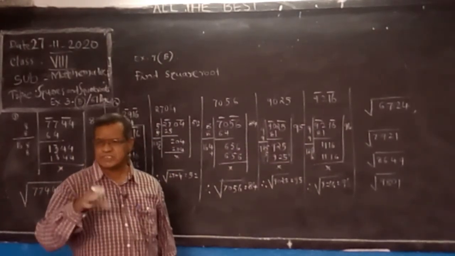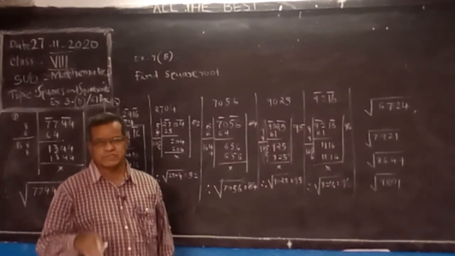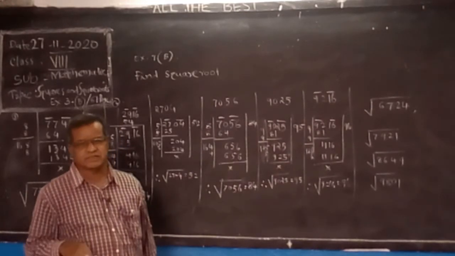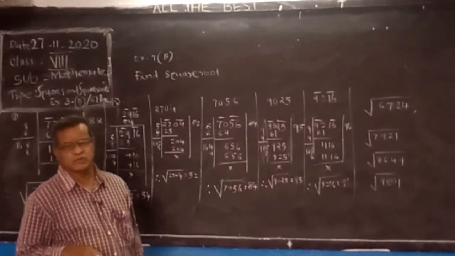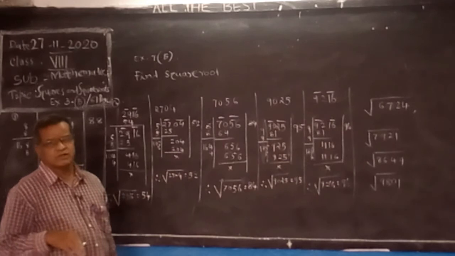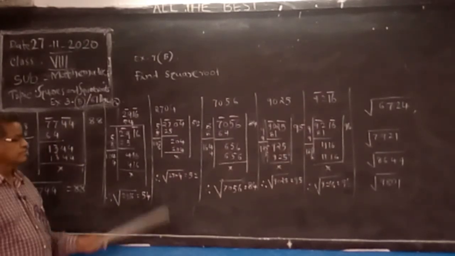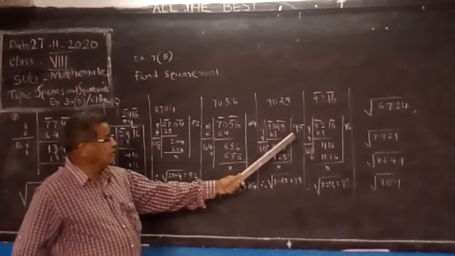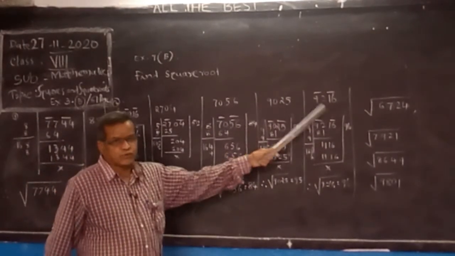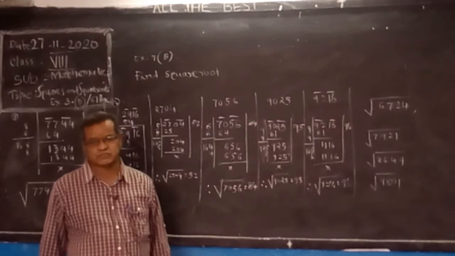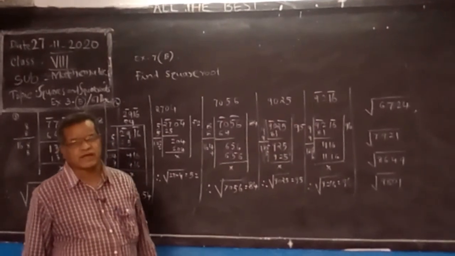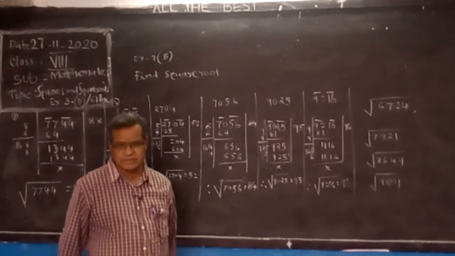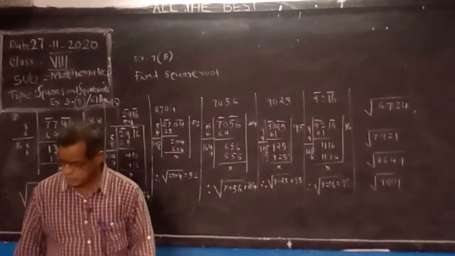For 2 digits we know orally: 81 is 9, 100 is 10, 121 is 11, 144 is 12. Right. For 3 digits I explained. Now we are doing the square roots of 4-digit numbers. Okay, thank you.